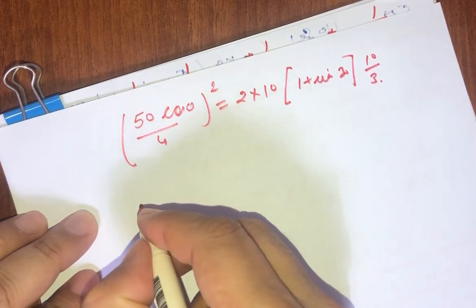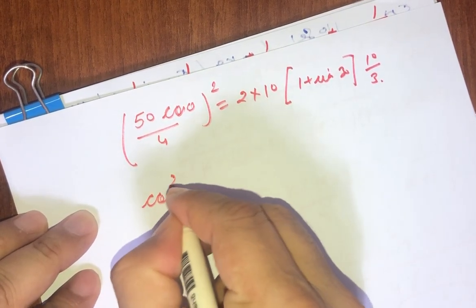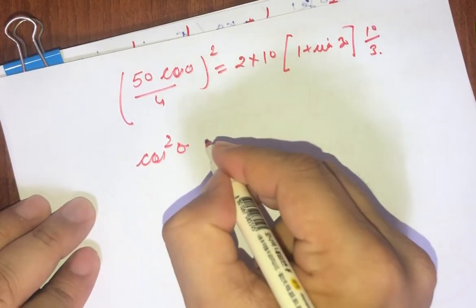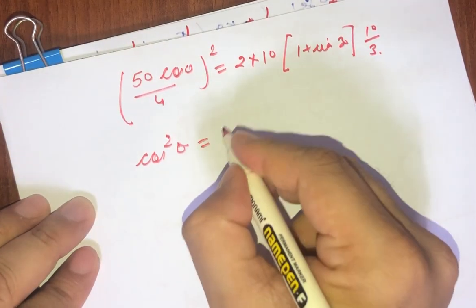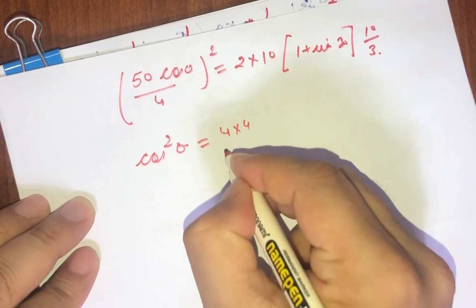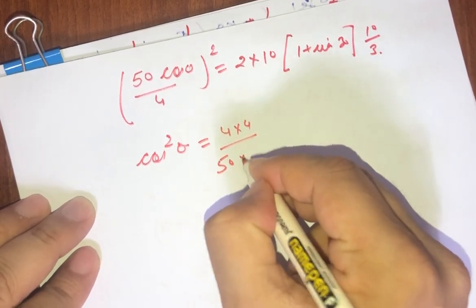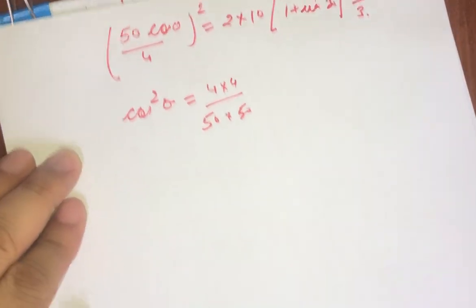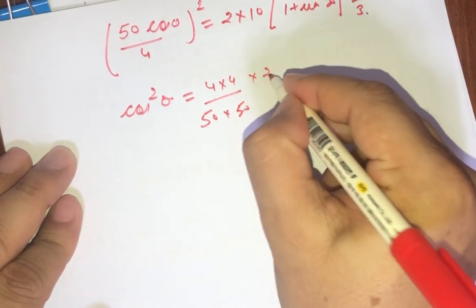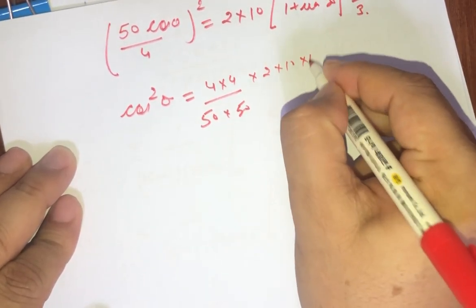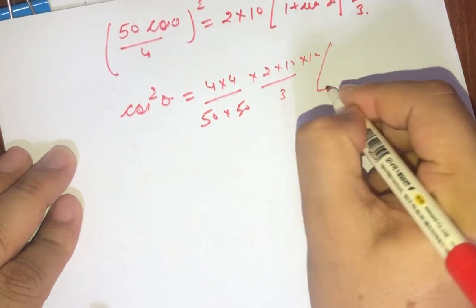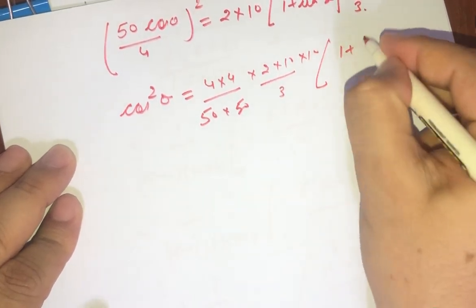This can be written as cos square theta is equal to 4 multiplied by 4 divided by 50 multiplied by 50, times 2 multiplied by 10 into 10 divided by 3, and sine 30 is 1 by 2.